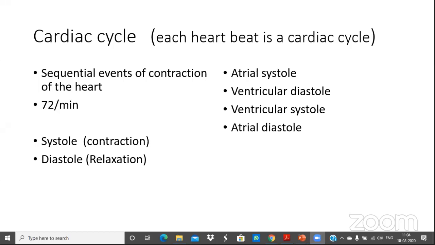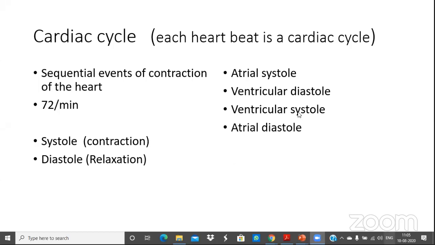So ventricular systole happens. The ventricle presses down, that means contracts. The blood can enter into the two blood vessels. From the right side, it enters into the pulmonary artery. From the left side, the blood enters into the aorta, but never goes back to the atrium due to closure of the tricuspid valve and the bicuspid valve. That's the first sound. What happens immediately?